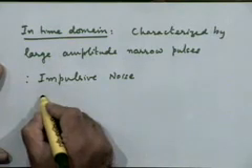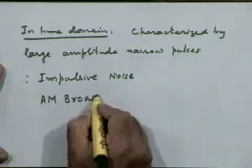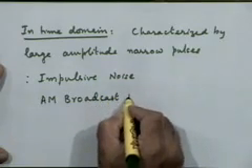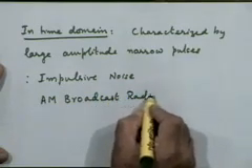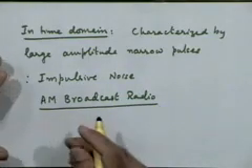Let's say in the AM broadcast radio. Anyone knows what is the frequency band used for this application? As communication engineers, you should know some of these things on your fingertips. It's slightly higher than 100 kilohertz.